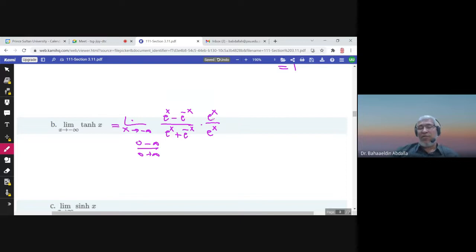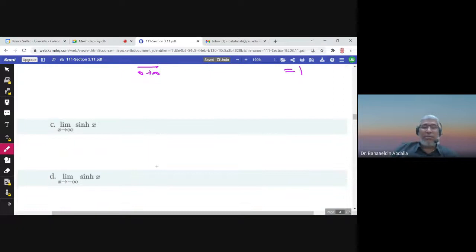It is similar to dividing numerator and denominator by e to the power negative x. So I will have e to the power x times e to the power x, e to the power 2x, and e to the power negative x times e to the power x is e to the power 0, which is 1. And here e to the power 2x plus 1. And now if you replace x by negative infinity, e to the power negative infinity would be 0 minus 1 over 0 plus 1. So the answer is 1.